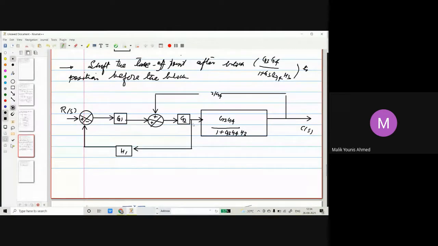There will be only a change here somewhere. What will be that change? Let's look into that change. So let's first clarify this here. Okay, I'm rewriting this.